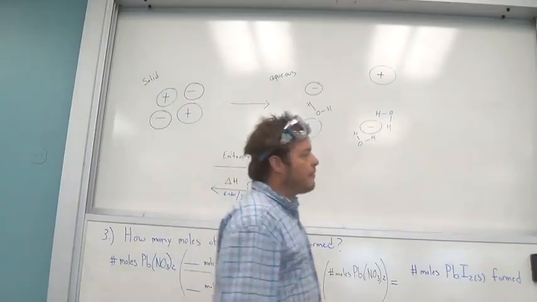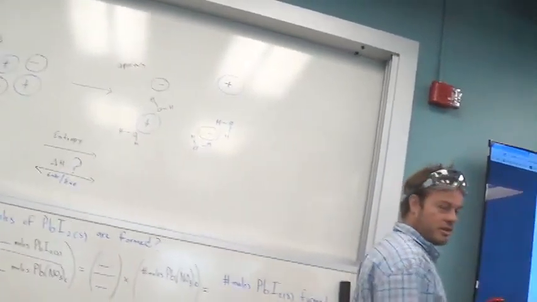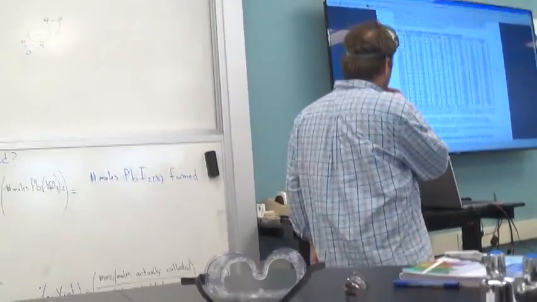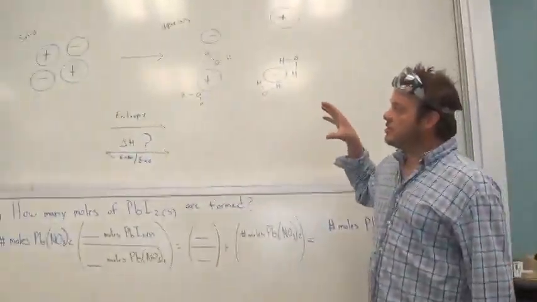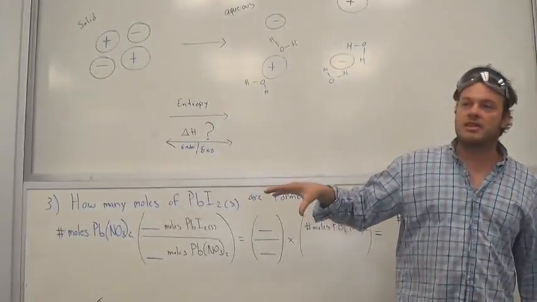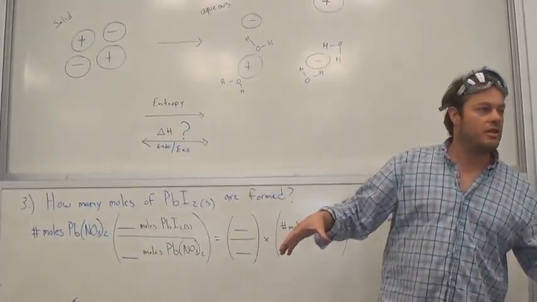Something that I said a couple weeks ago that I wanted to reiterate, and this table here makes it really easy to talk about, was that there are characteristics that ions have in terms of whether or not they're soluble or insoluble.